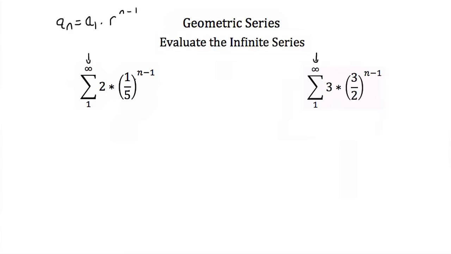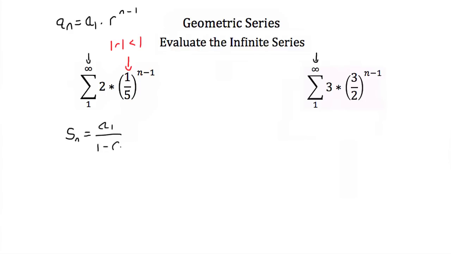In our first example here, our r value is 1/5. This absolute value is definitely less than 1. So we can find the value that this series converges at. We just use our formula S_n is equal to our first term, a_1, over 1 minus r.